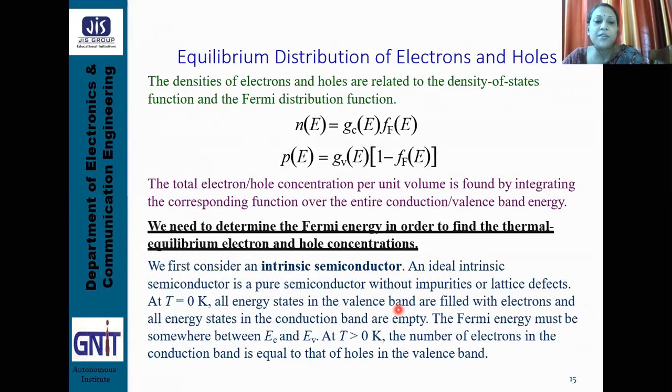In case of an intrinsic semiconductor at T equals 0 degree Kelvin, all energy states in the valence band are filled with electrons and all energy states in the conduction band are empty. The Fermi energy must be somewhere between EC and EV. At T greater than 0 degree K, the number of electrons in the conduction band is equal to the number of holes in the valence band in case of an intrinsic semiconductor.